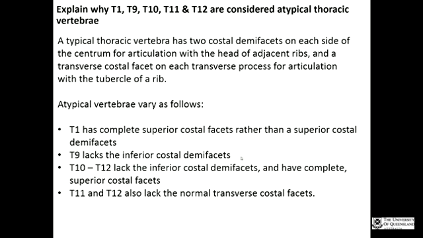We'll see the images in a moment. T10 to T12 lack the inferior costal demifacet, and they have complete superior costal facets. And T11 and 12 do not have those transverse costal facets. There is no articulation with the rib at that point because there's no tubercle on ribs 11 and 12.